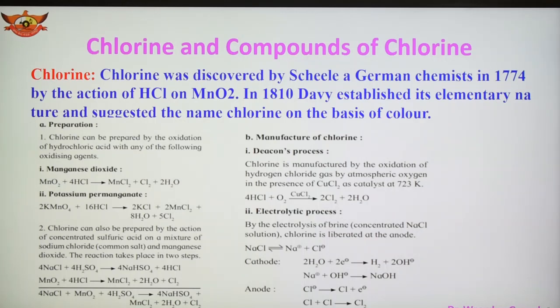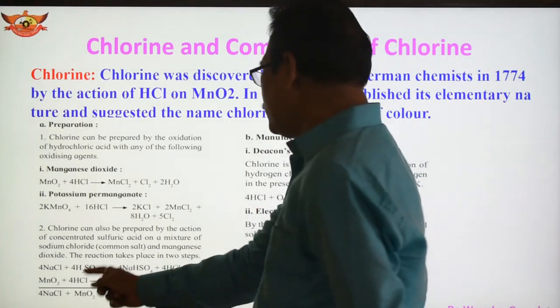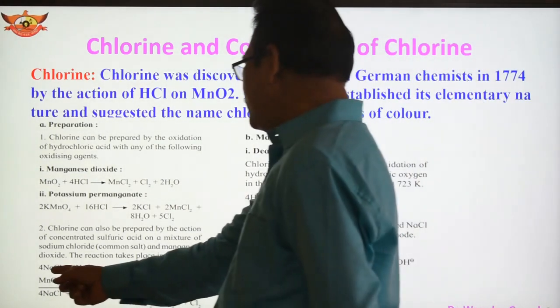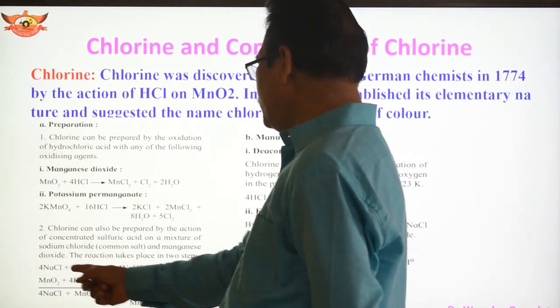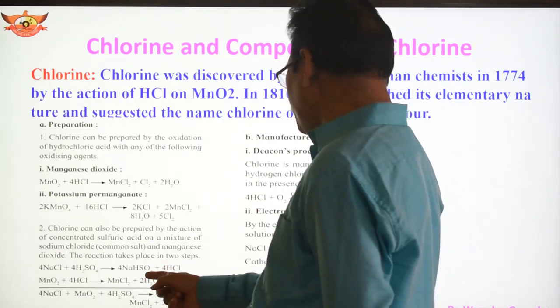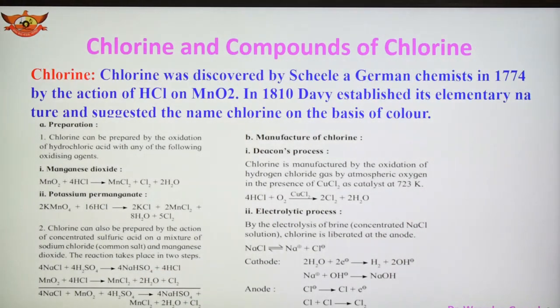The second method is that chlorine can also be prepared by the action of concentrated sulfuric acid on hydrochloric acid; the reactions are given here using sodium chloride, common salt, and manganese dioxide. Two reactions are shown. Sodium chloride reacts with sulfuric acid forming sodium hydrogen sulfate, or sodium bisulfate, and HCl is formed.